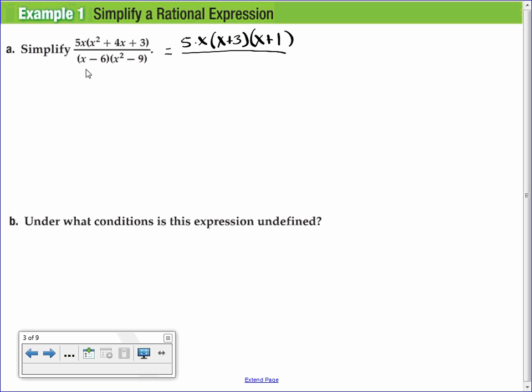Now I'm going to factor the bottom. The first one's already factored, x minus 6. Since it's first degree, in other words the x doesn't have a power other than 1 on it, I can't factor any further there. There are no common factors, so this isn't anything like 2x minus 6. It's just x minus 6. I'll go ahead and factor that second one.